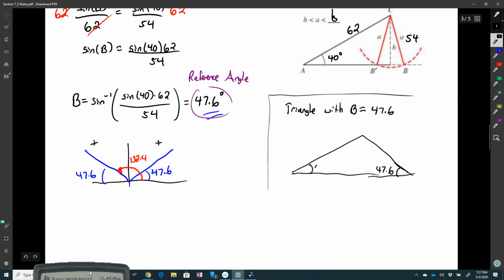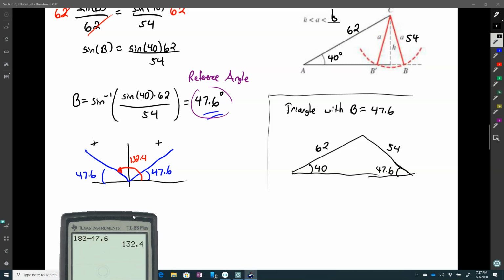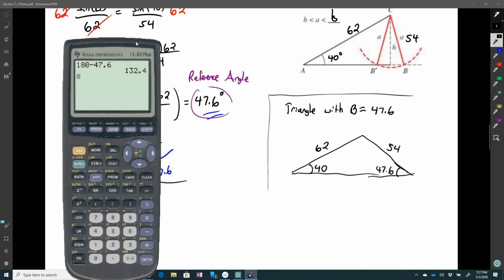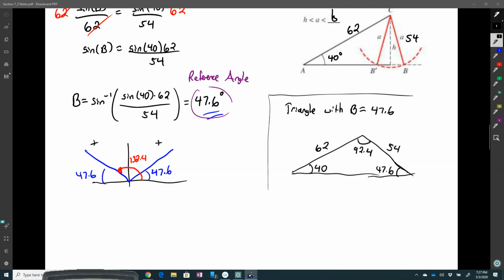So 47.6, 40. Well, since I know this side and I know this side, now I pretty much know everything. I can figure out the missing angle, because 180 minus 47.6 minus 40, 92.4. So I know that. All I'm missing now is this side down here.